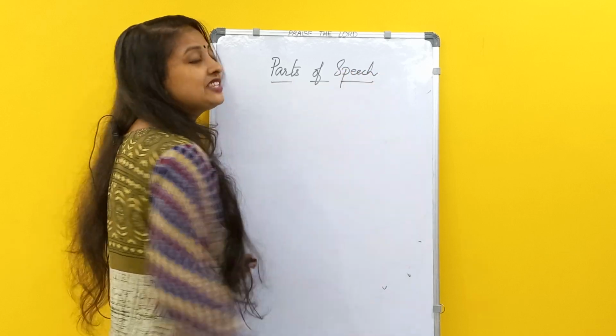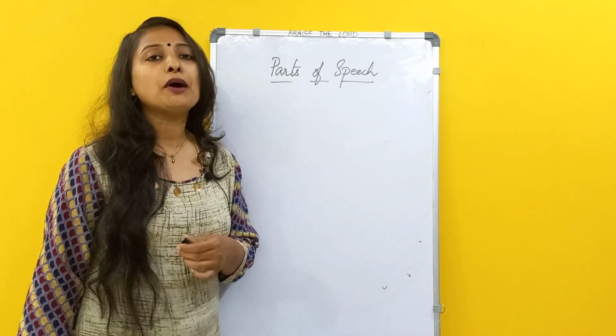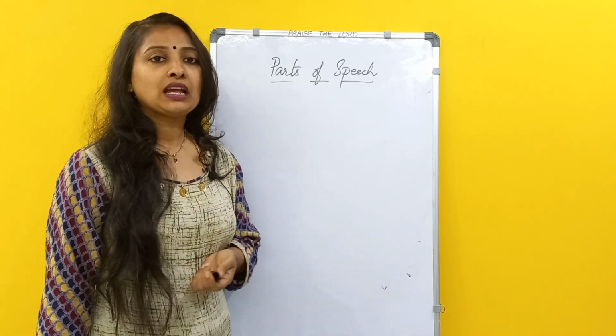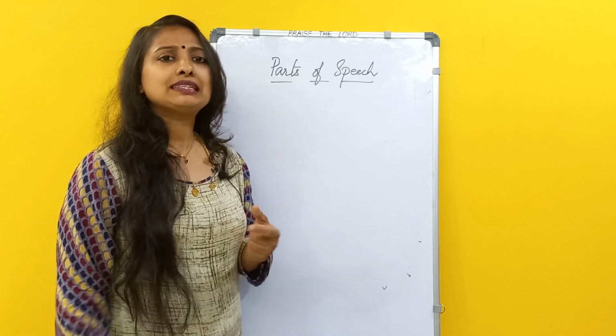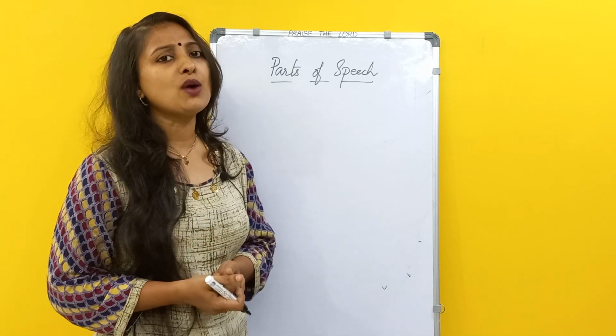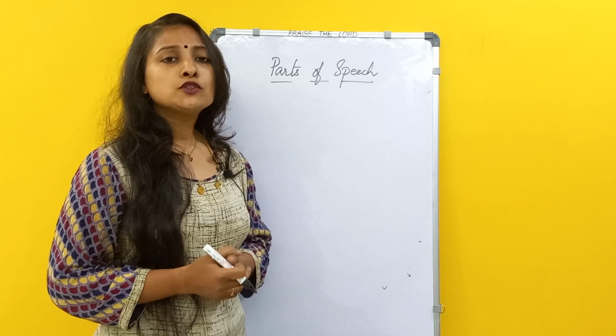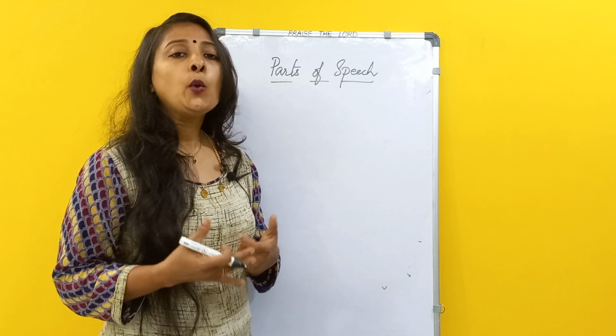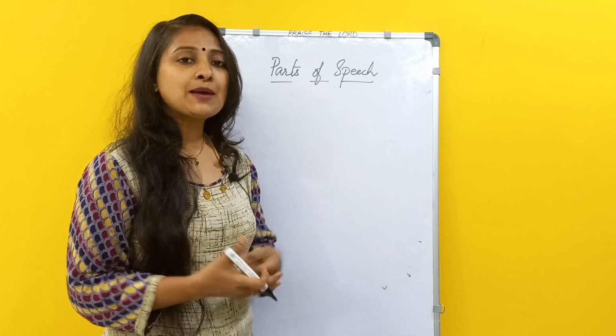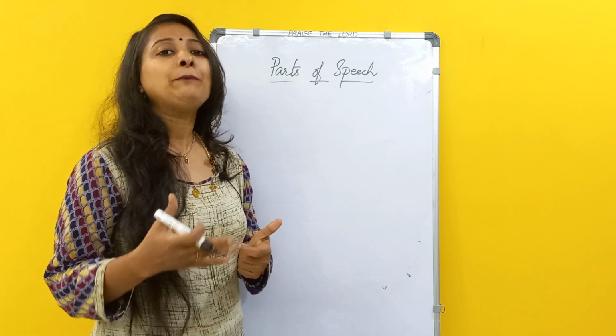Parts of speech. What is this all about? So what is speech? Speech is nothing but, see, what am I doing now? I'm just talking. So to talk, what is it that I'm using? I'm using some words which are combined to give some meaning.